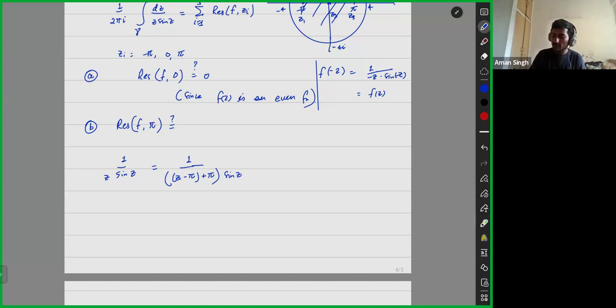What can be written? Let's calculate on the right side. Sine of pi minus z is equal to, so the graphs are like this.